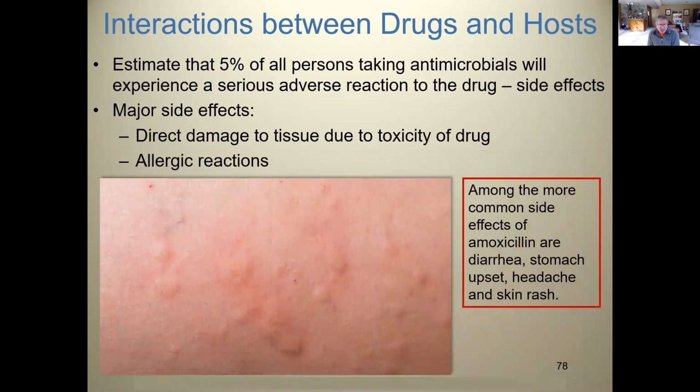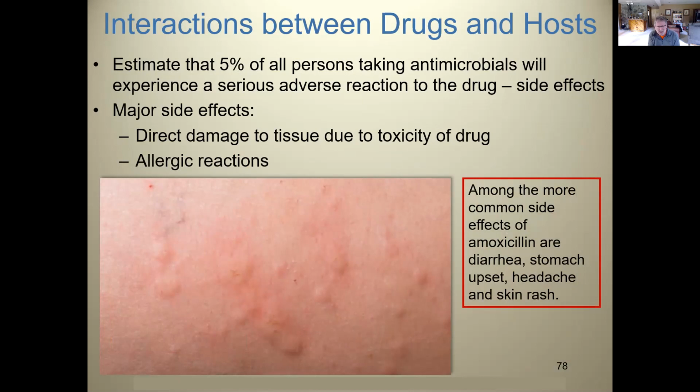Another major side effect that affects some people is allergic reactions to antimicrobials. This particular photograph is showing some skin irritation. That is not uncommon. Skin rashes can occur quite routinely in certain individuals when they're exposed to certain types of antibiotics. I think of sulfa drugs. Some people are allergic to sulfa, and so these can cause, as we see here, some skin irritation, some rashes.